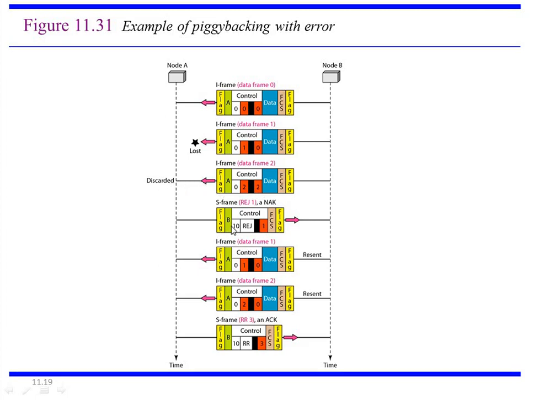So this frame will get discarded, so it is the reject information, and similarly the information gets rejected, so it will send that your frame has been discarded. So the reject information will be sent, the frame will be resent and the frames are received accordingly. So this is piggybacking type of information with the error we have seen.